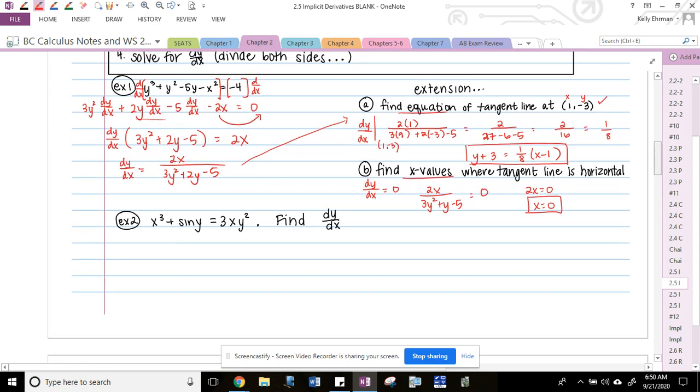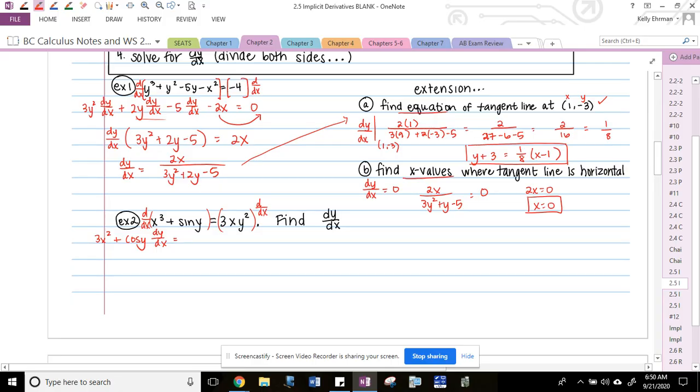Example 2, find dy/dx. So again, let's take the derivative of both sides. So I get 3x squared plus derivative of sine is cosine y, and then dy/dx equals, we need a product rule here.